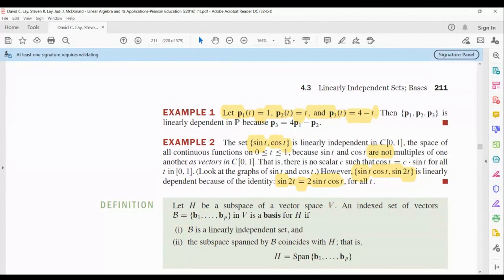So one of the vectors, I want to say it's the right way. I want to be a little bit careful here on this.